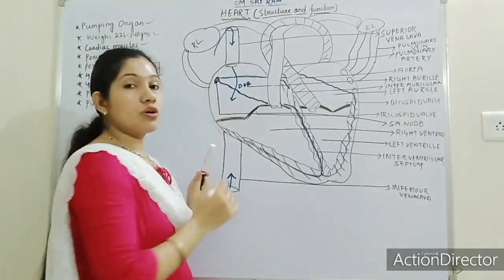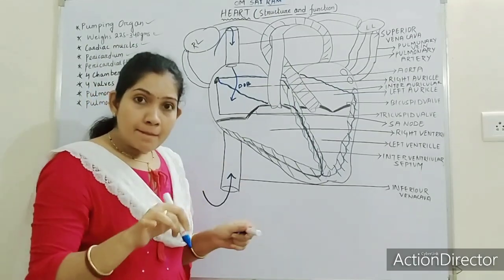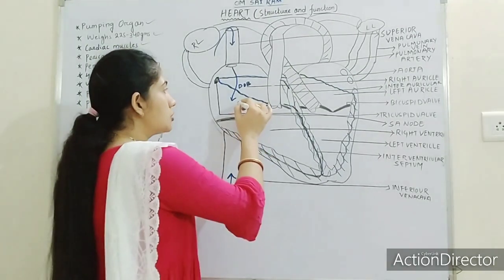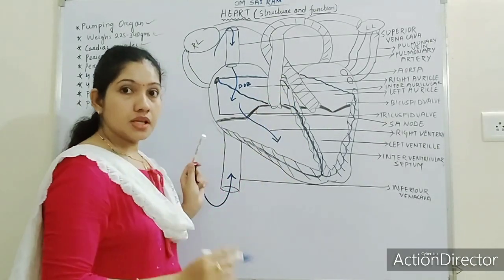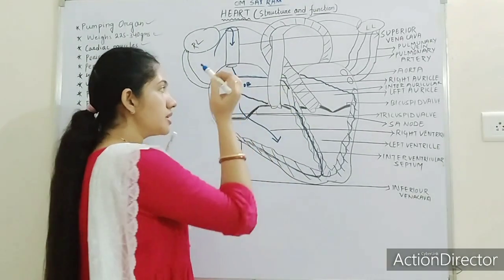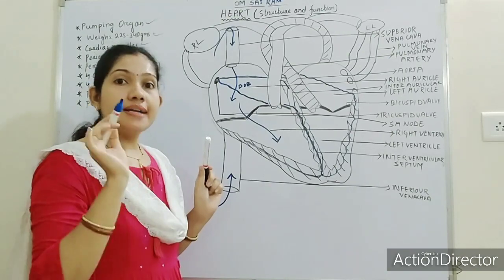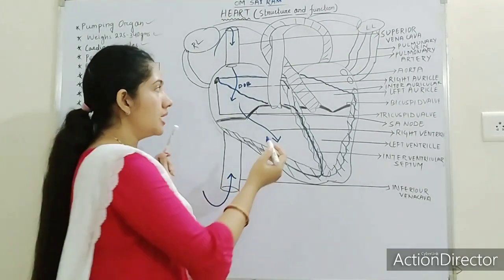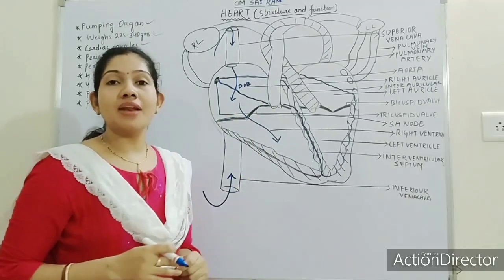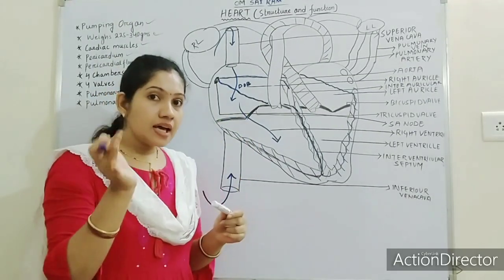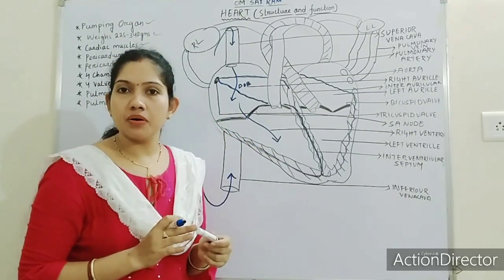Now the right auricle will pump the deoxygenated blood into the right ventricle by the opening of a flap or valves. Here I am telling you the functioning of valves.